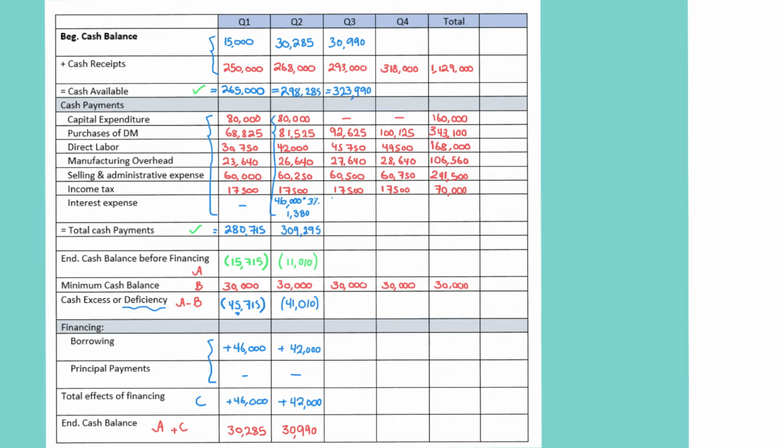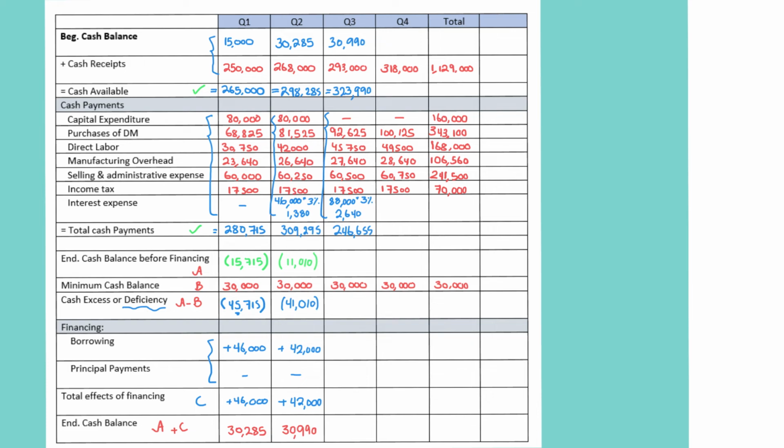Okay, so 88,000 times 3%, because this is per quarter. Okay, so it's gonna be 2,640. Now I need to add all of my payments to get the total cash payments, which is 246,655. Okay, now cash available, which is 323,990, less total cash payments, which is 246,655, equals ending cash before financing.